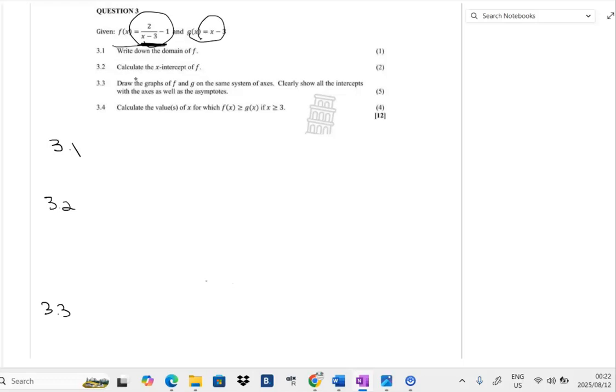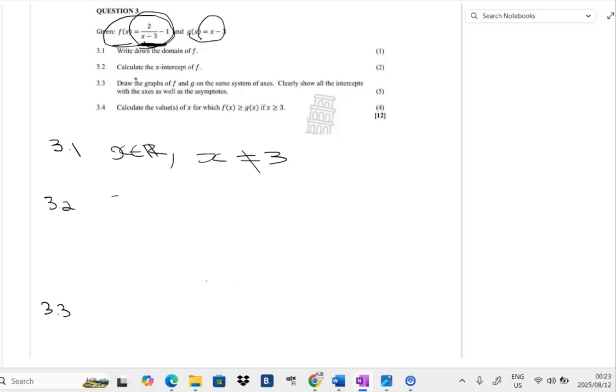The function f is the hyperbola, and the domain is all possible x values of the function. x is an element of the real numbers, all possible except at the asymptote, where the asymptote is 3. So this is our domain.